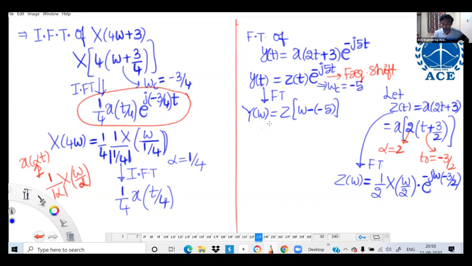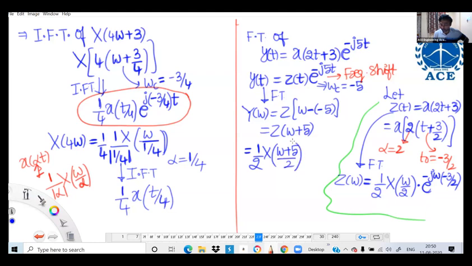It means z of omega plus 5 in the known spectrum. Omega place, what you are substituting? 1 by 2 x of omega plus 5 by 2, e power j omega plus 5 into 3 by 2.